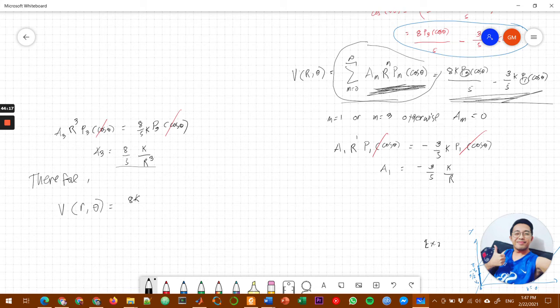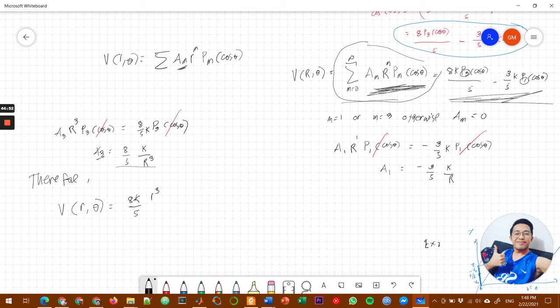8k over 5, and we have r cubed, katong gikan na siya ani nga general form, di ba? r to the m, p sub m, cosine theta, where am is given by this.